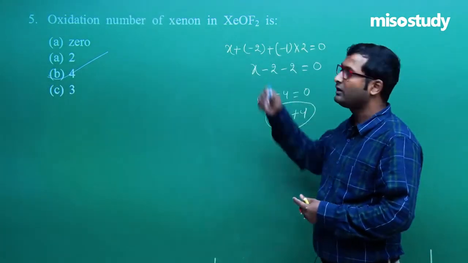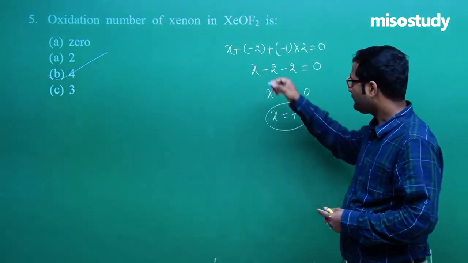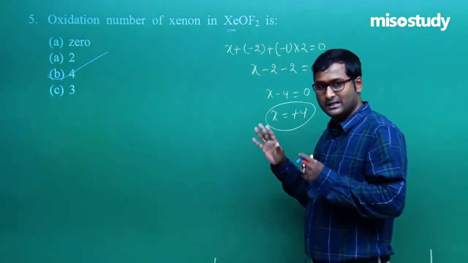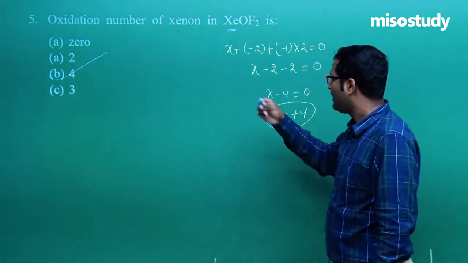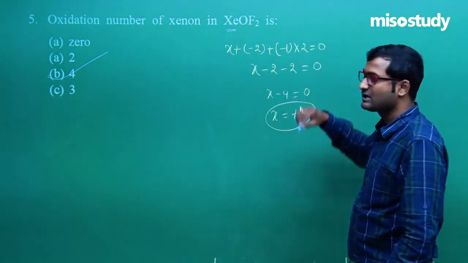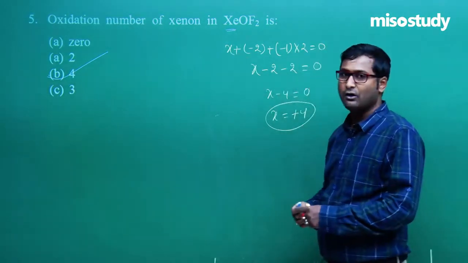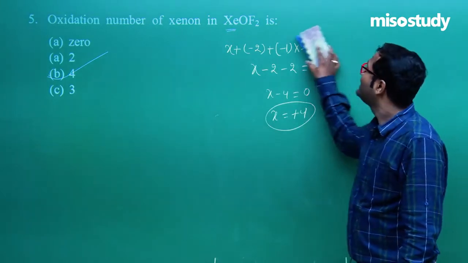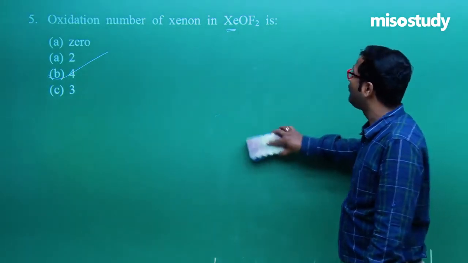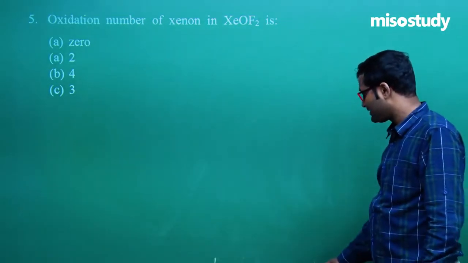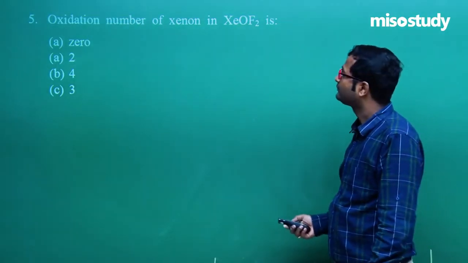Generally, except xenon, all inert gases have oxidation state equal to 0. There are also exception cases, in the case of neon and xenon. But generally, xenon has a tendency to form compounds, so it will have a certain oxidation state other than 0.